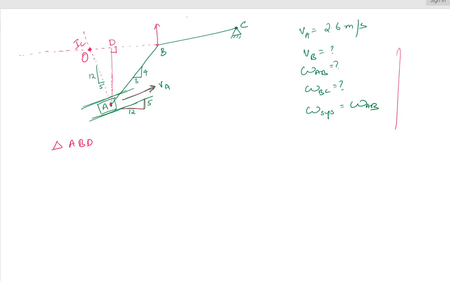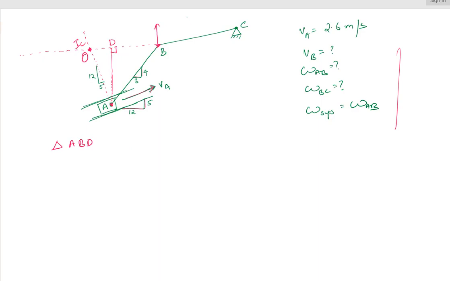So in this triangle ABD, again we have a similar situation where the slope is given, right?